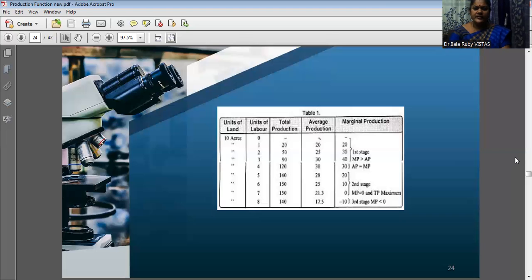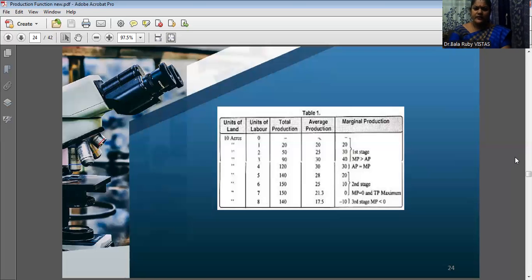So, average production is equal to total production divided by Q. Here Q is the unit of labor. So in the first row, you put nil, that is a dash, because when there is no labor, there is no production.